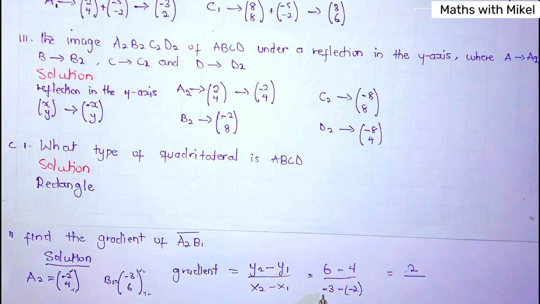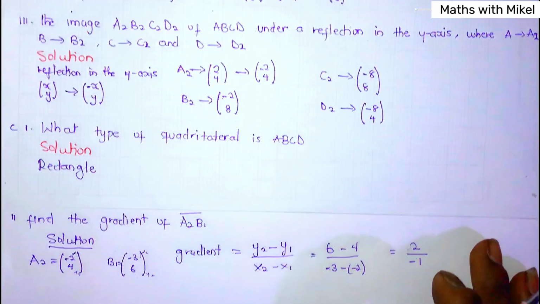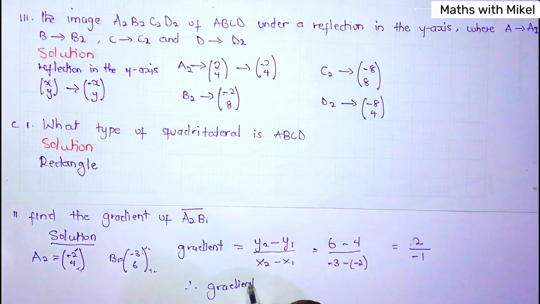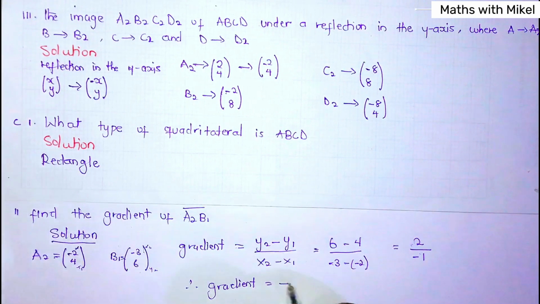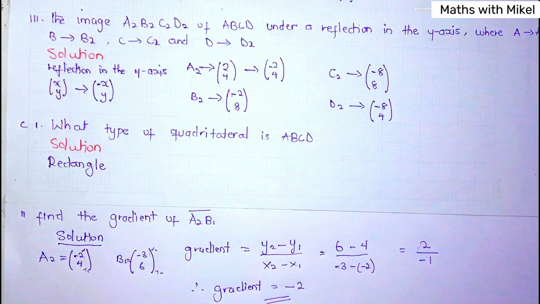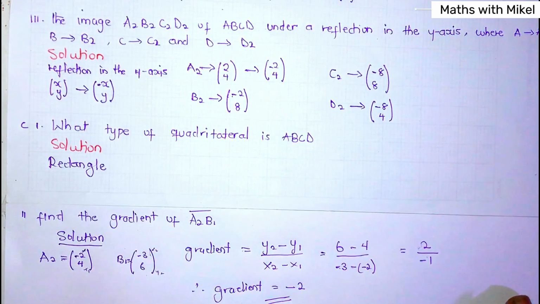And this becomes negative 3 plus 2. So 2 minus 3, that's negative 1. So you conclude by saying that, therefore, gradient is equal to negative 2. And that answers the II part of the question 6.